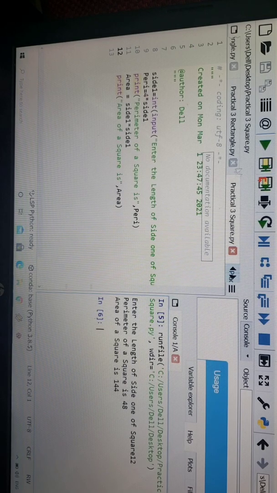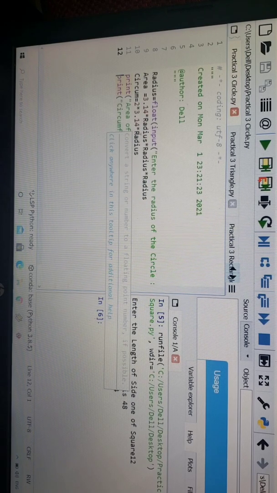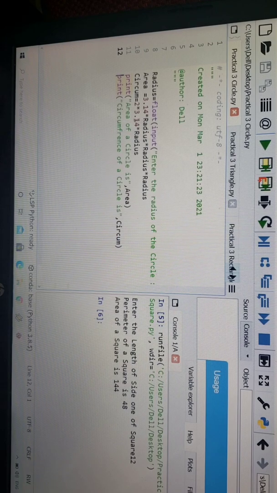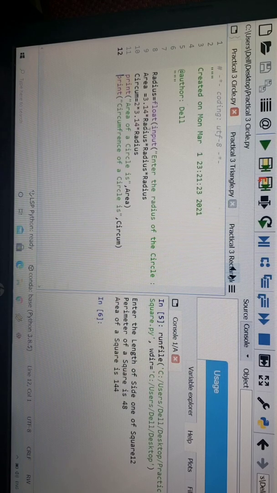Last one is the circle. Circle, we know that area is pi r square and circumference is 2 pi r. So these formulas only we need to enter, and we have to enter the radius of the circle.